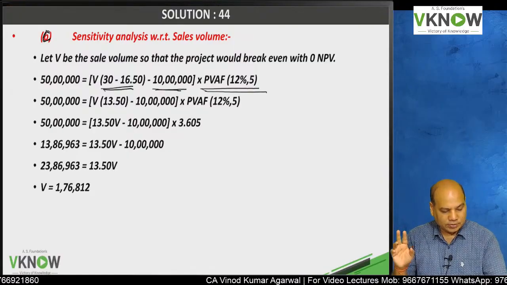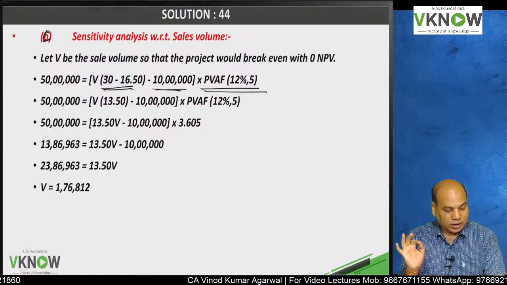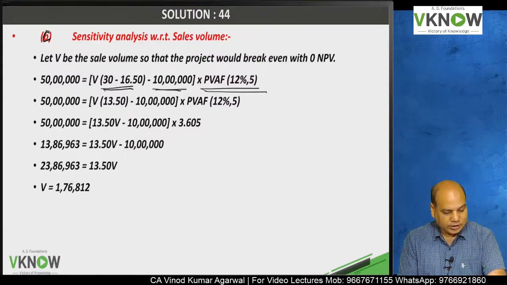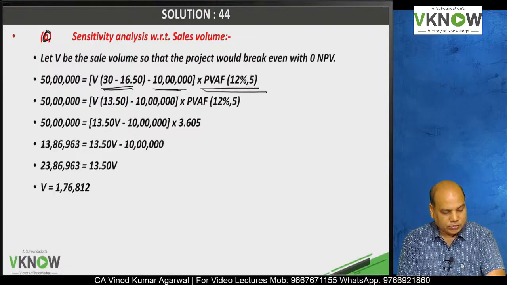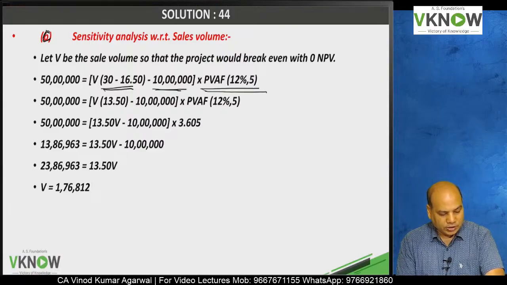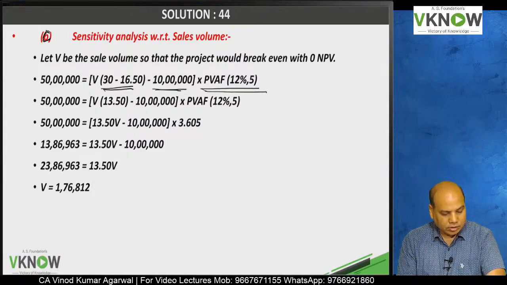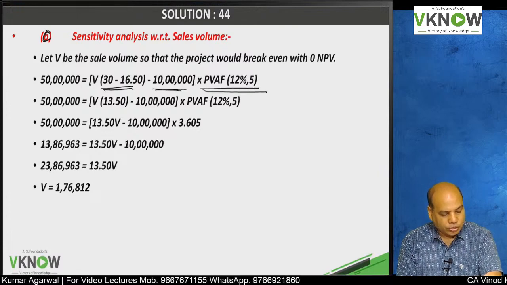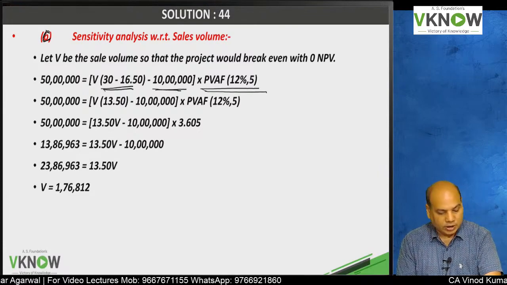One last part of the question. Let us read the last part of the question again. On further investigation, it is found that there is a significant chance that the expected sales volume of 2 lakh units per year will not be achieved. The sales manager of Unnat Limited suggests that sales volume could depend on expected economic states, which could be assigned the following probabilities.